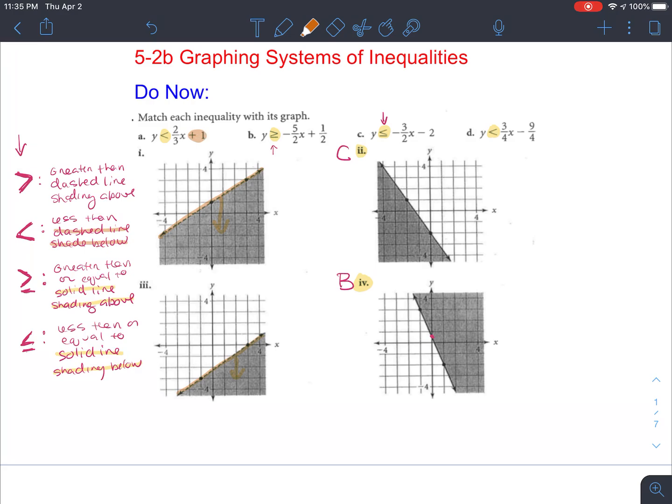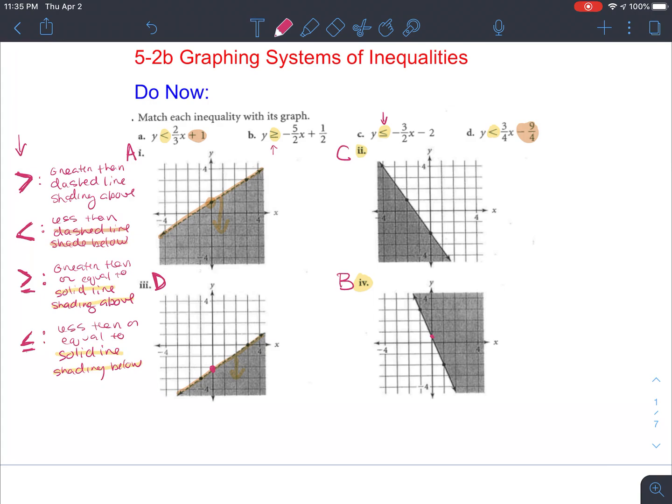This is a +1, and this is a -9/4. Well, this y-intercept right here is +1, which means that A is going to match with 1, and this one right here is in the negative area, which would match with option D.